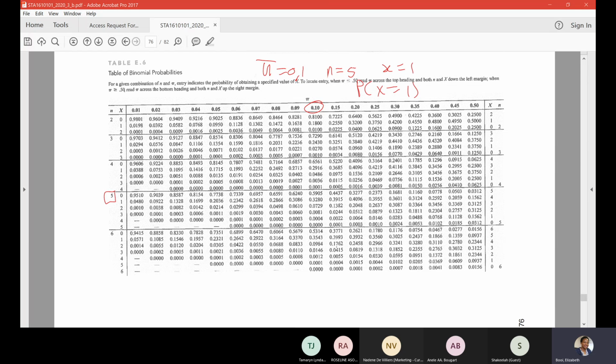We already found what our pi is. We also look for x is 1. And where they meet, that will be the probability that we're looking for. And there we go. 0.3280. Easy, straightforward, easy to do.